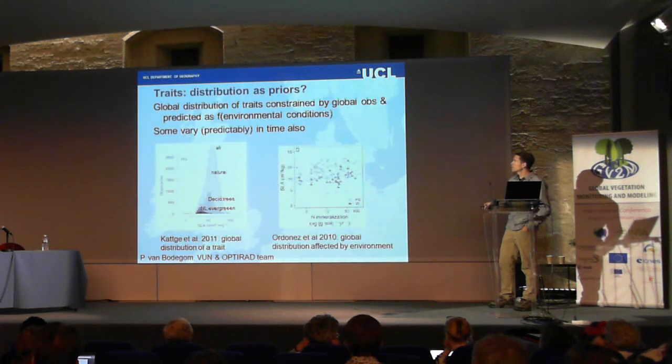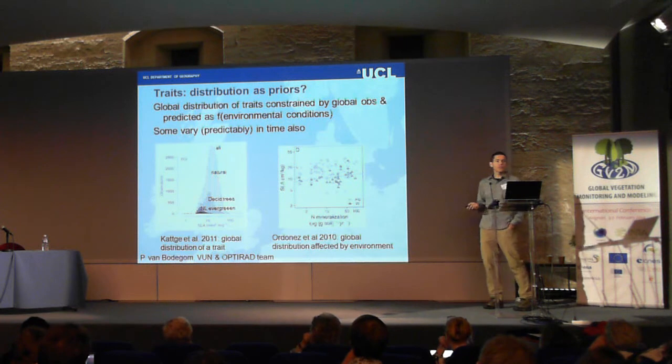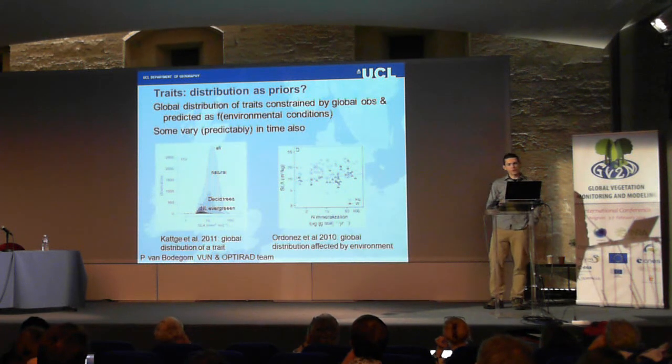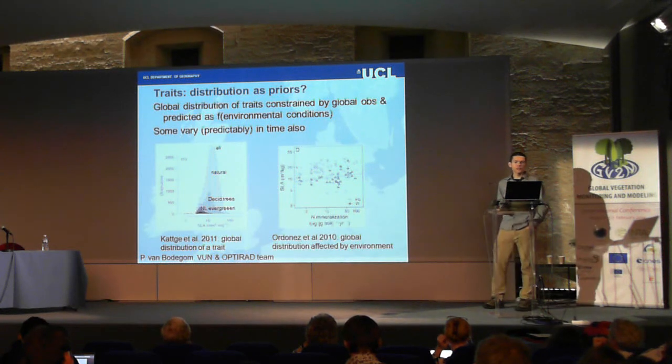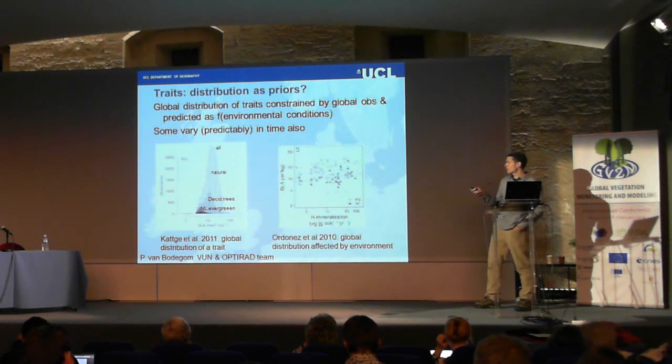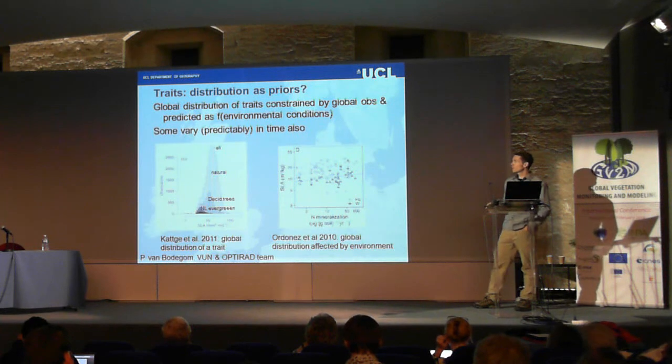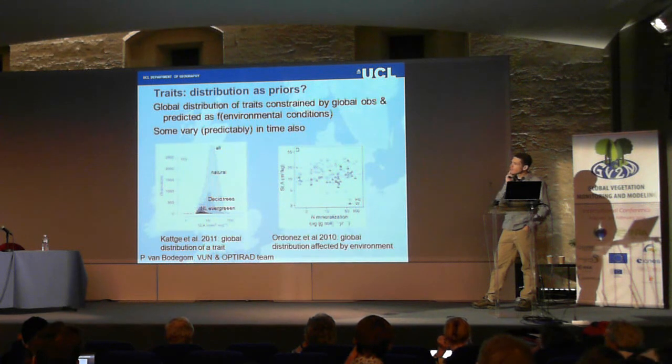So various different trait relationships there, and what about trait distributions? As Jens also referred to, there are global distributions of traits that are constrained by relatively well understood observations, for various different conditions. Some vary predictably in time as well, in terms of seasonality and so on. And so this is specifically very interesting.